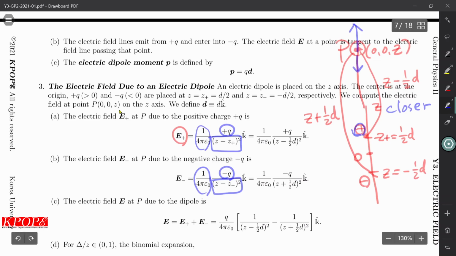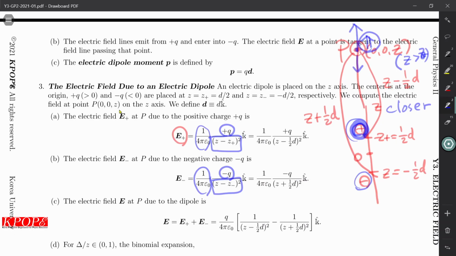Therefore, electric field due to the positive charge, if z is positive and z is greater than z plus, then the strength of the electric field due to the positive charge is greater than the electric field due to the negative charge. So the resultant electric field should be smaller than the original strength due to either positive or negative. But the difference is like that.